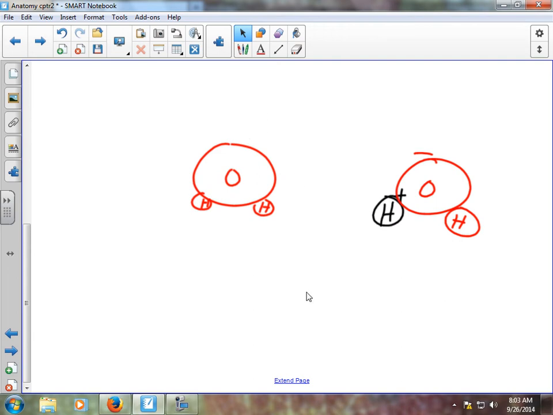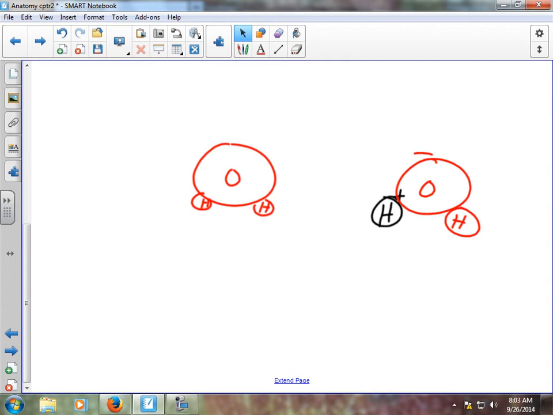So if there's any hydronium in the water, if I add more and more and more base, because this is what the base is going to give off, it's going to steal away these. What's that going to do to my H3O number? Make it lower.